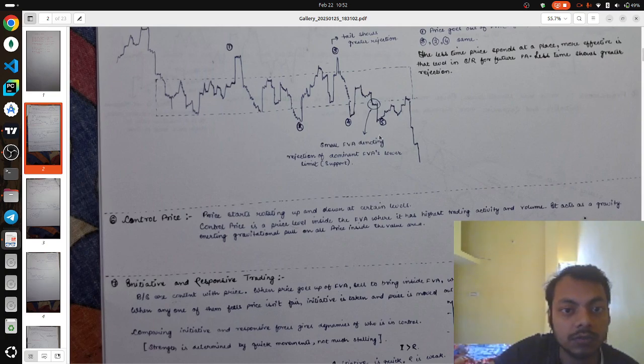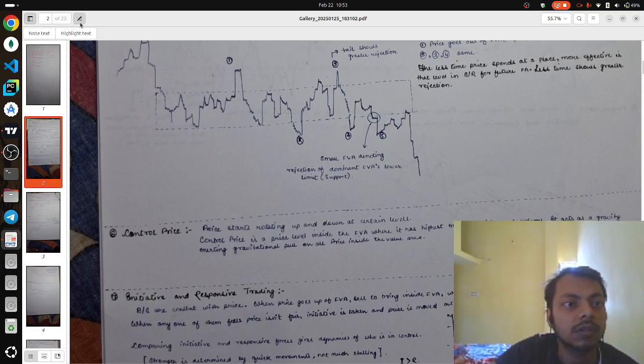For example, in this one, if you please follow my mouse cursor, you can see this is the rectangular box. This is the fair value area. Inside this, if I draw a horizontal line here, you can see that price has touched this line most of the time.